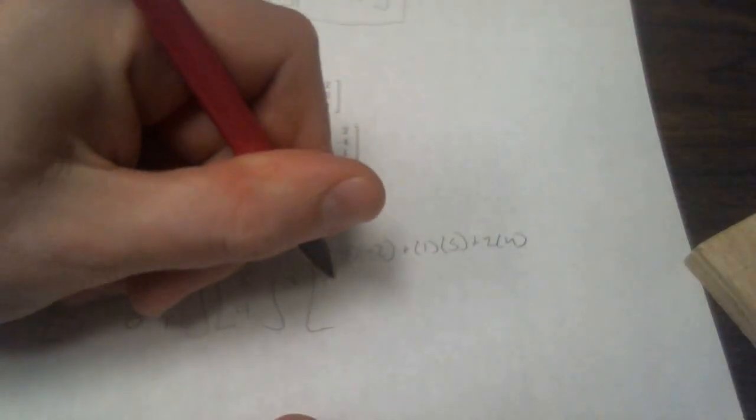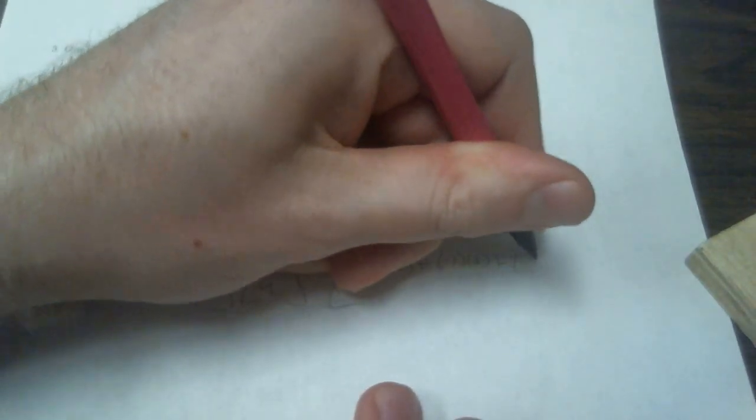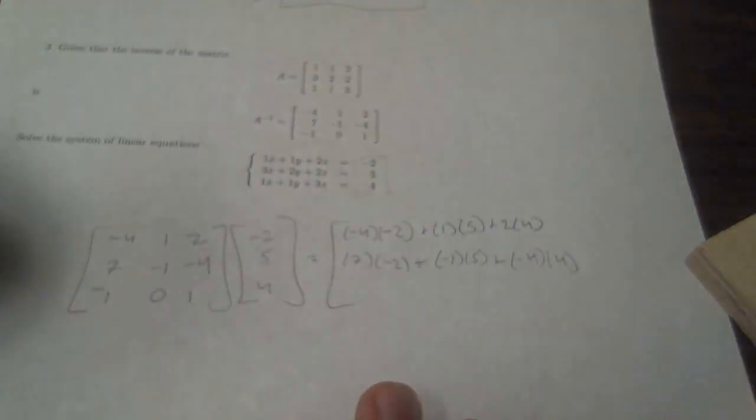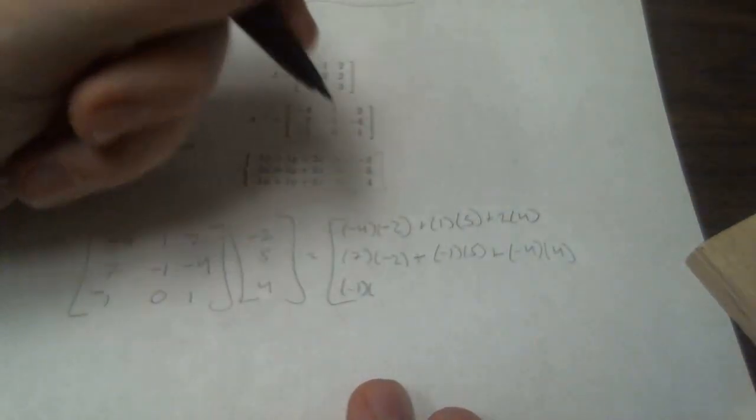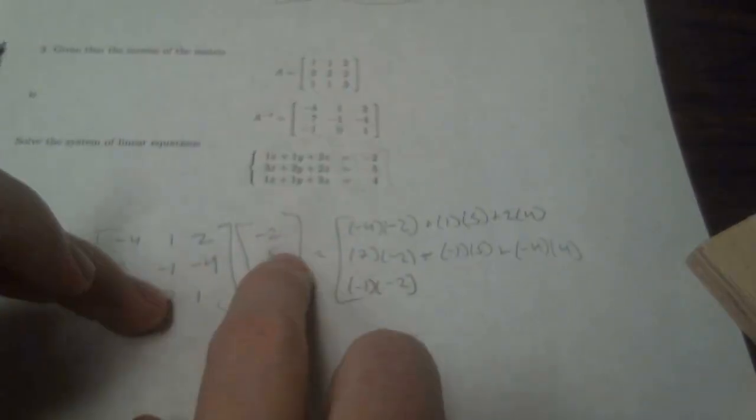Then for my second row, you're going to use the second row of your matrix, and again, the single column here, so you have 7 times -2 plus -1 times 5 plus -4 times 4. And then finally, for my third entry, we have -1 times -2 plus 0 times 5 plus 1 times 4.